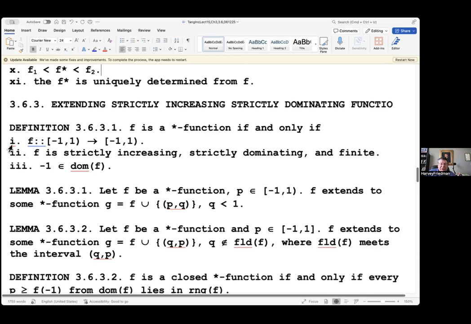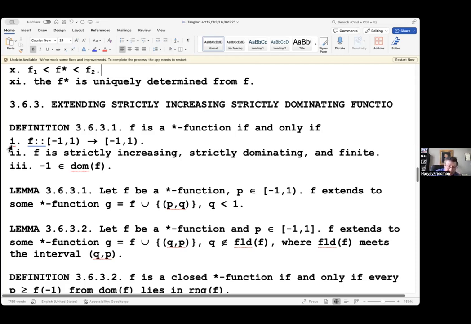A star function is strictly increasing, strictly dominating, finite, and defined at -1. Specifically in this decomposition, we see that F1 is a star function, and F2 is an anti-star function.